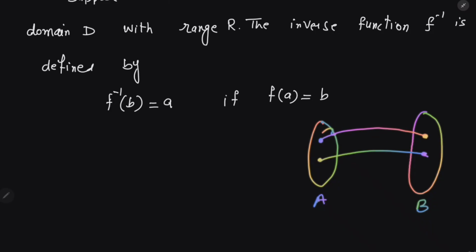The condition is that when we move from here to here, then we can move back from range to the domain. If the function is not one-to-one, then you cannot move back from range to the domain. So that's why we must have a one-to-one function.